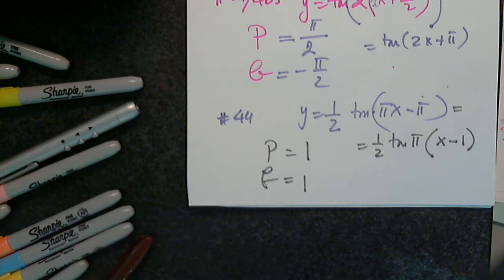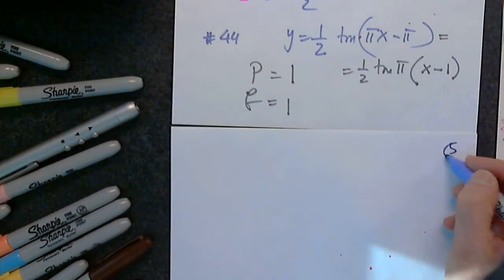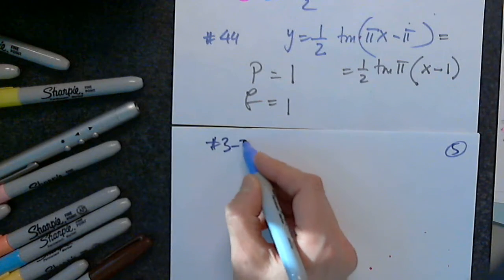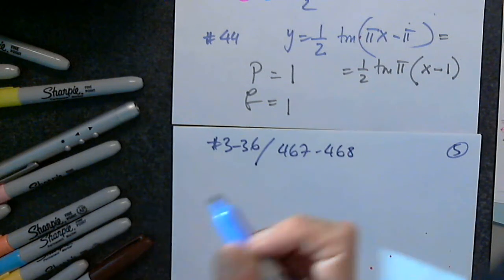I'd like you to choose, on page 468 as well as page 467, anything you can think of between 3 and 36 that has tangent in it, because we haven't discussed that.